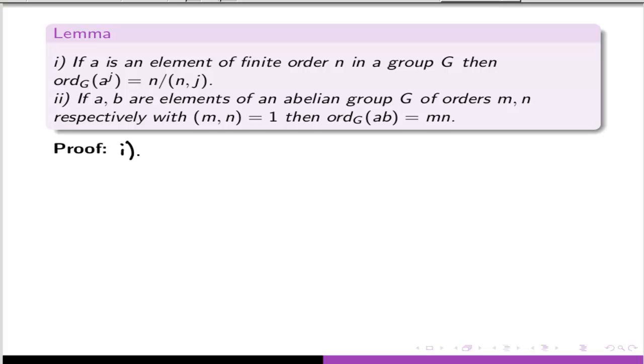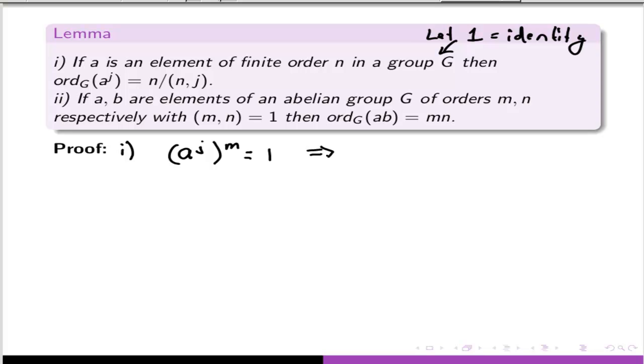Okay, well, let's go through this one. It's very brief. So if I want to examine the order of A to the J power, the question is, when does A to the J raised to some power m equal the identity element? So let's let 1 be the identity in the group. So when would A to the J raised to the mth power equal 1?